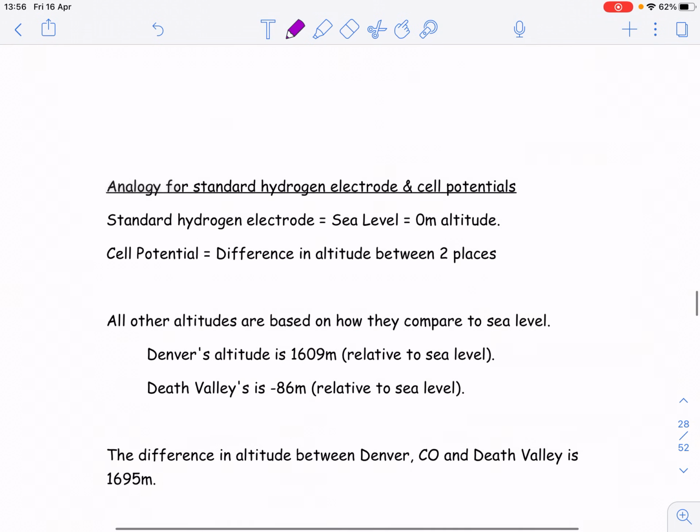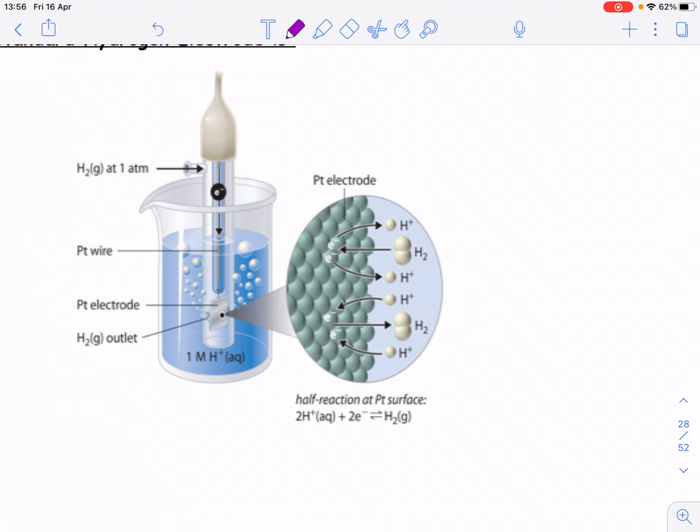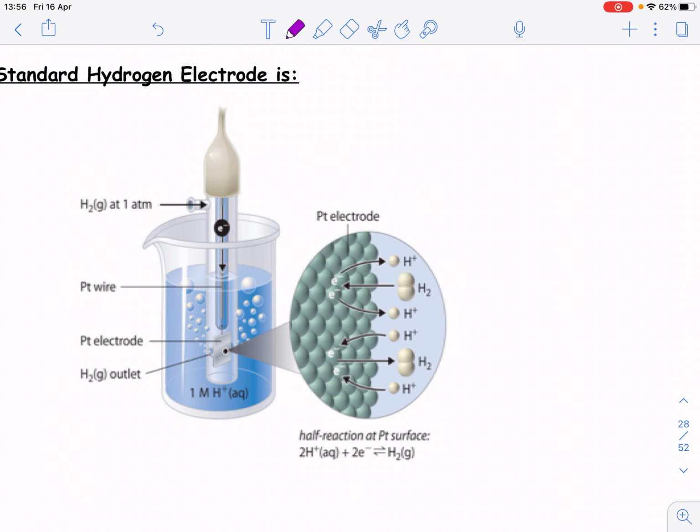So going back up, what is a standard hydrogen electrode exactly? A standard hydrogen electrode is an electrode that has a piece of platinum. So there's a wire coming down through here along which electrons can flow, and there's a piece of platinum metal that's sticking down into the solution.